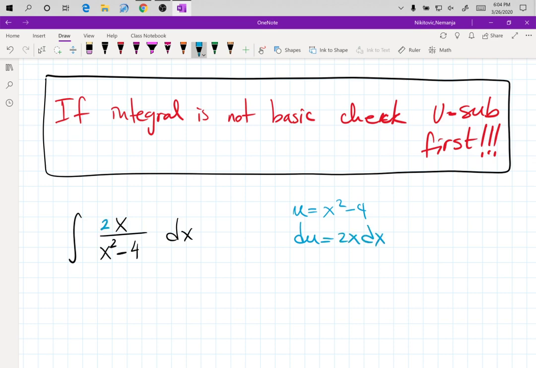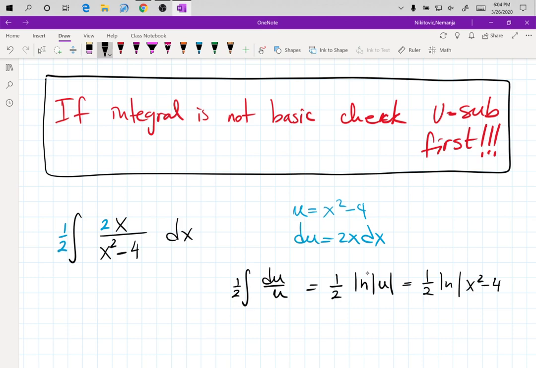Fix the 2 that you need, and your integral becomes 1/2 du over u, which is 1/2 ln of u, which is 1/2 ln of x squared minus 4 plus c.